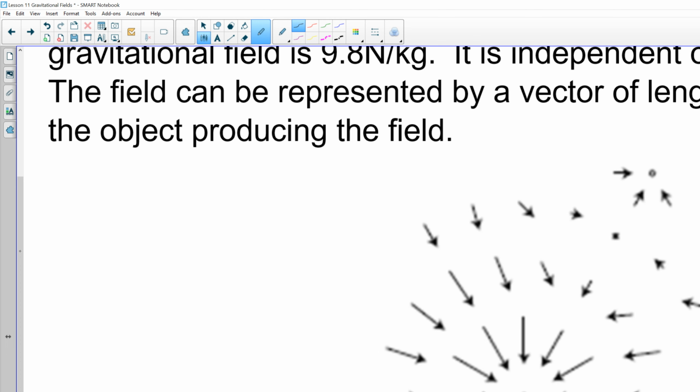What do you notice about the lines between the Earth and the Moon along that path? Yeah, they kind of get turned, right? And in fact, there's a point where there's no gravitational field strength right here. It's closer to the moon, obviously, because the moon is smaller and the Earth is bigger.